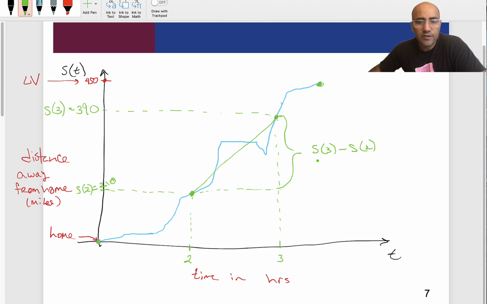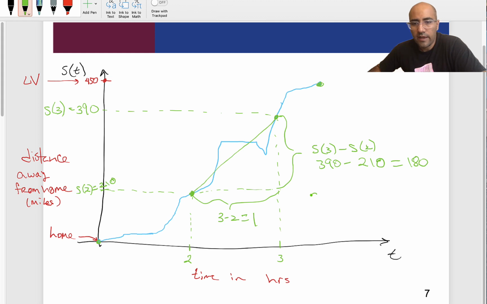For these numbers that I made up, it would be the difference between 390 minus 210, so 180. And then in this direction, the difference is just 3 minus 2.